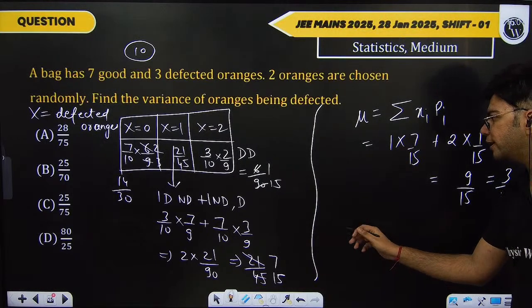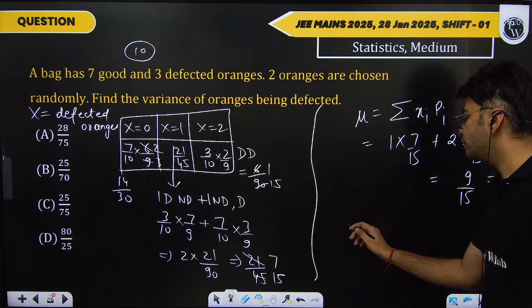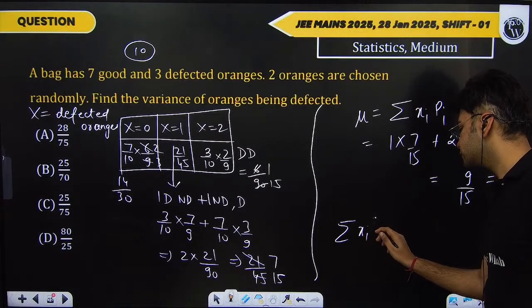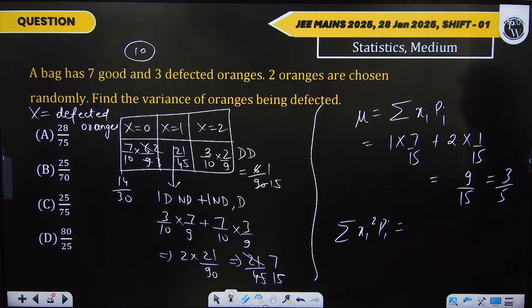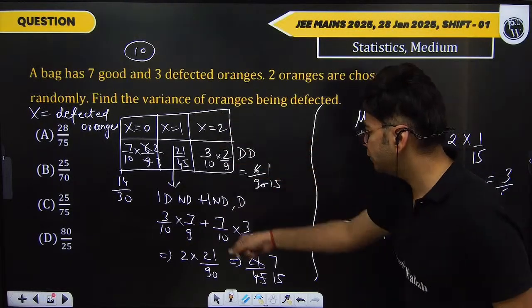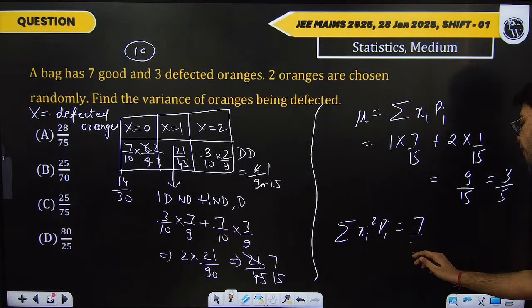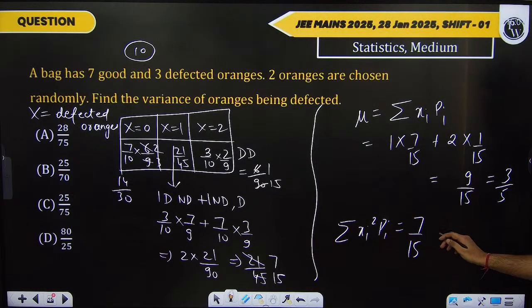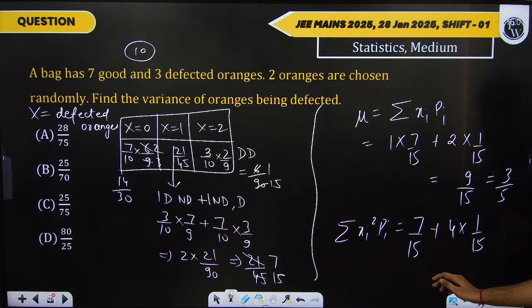Similarly, you can calculate sigma xi square pi. So this will come out as 1 into 7 by 15 plus 2 square, which is 4 into 1 by 15. So this is giving me 11 by 15.